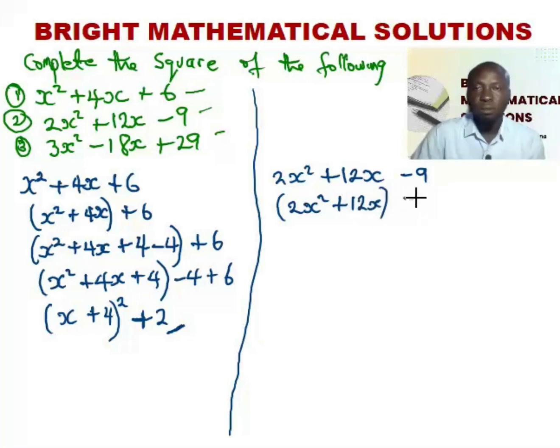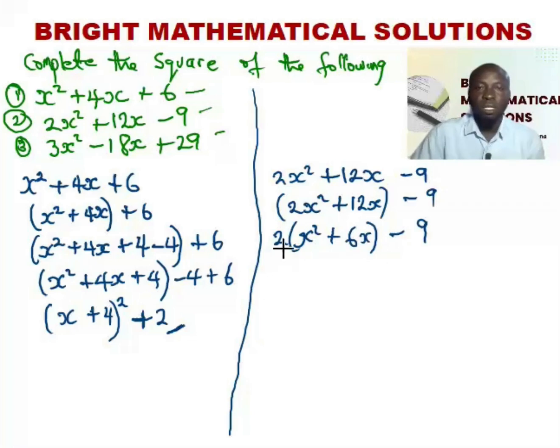Let us factor 2 out of the first two terms, because we need the coefficient of x squared here to be 1. So 2 into x squared plus 6x, then minus 9.